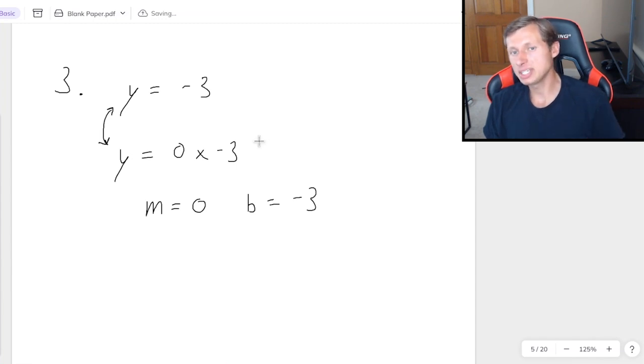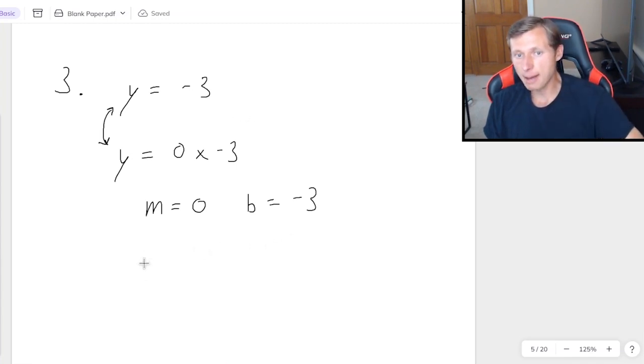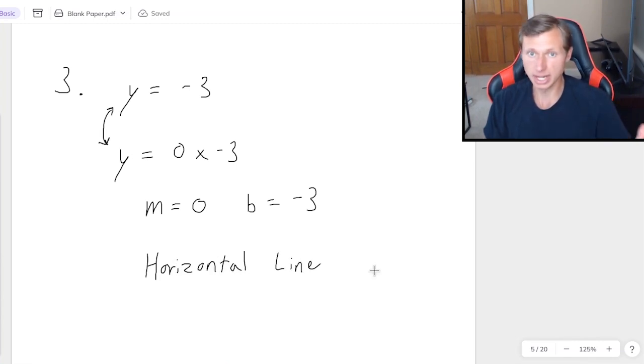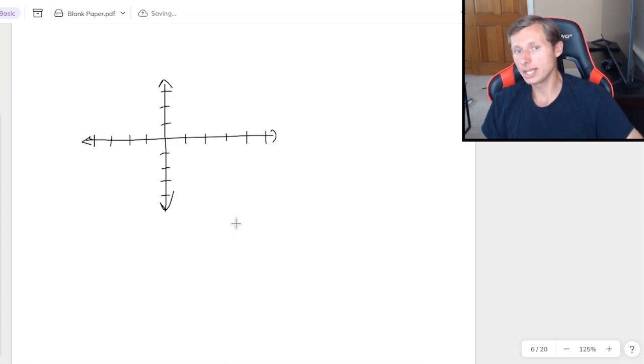So whenever I'm missing an x, and I just have y equals some number, you need to know two things. Number one, that slope is going to be 0, and that means it's going to be a horizontal line at y equals -3. So let me show you what that looks like. So for y equals -3, we said the y-intercept is at -3 down here.